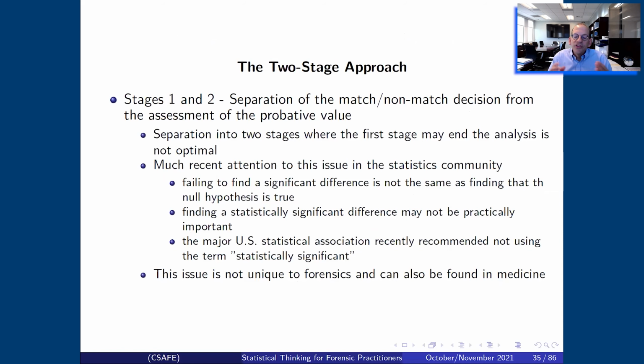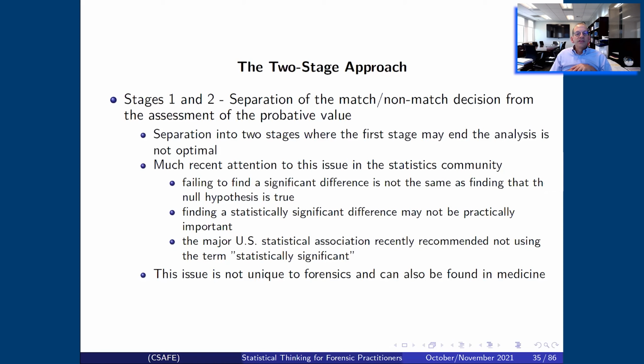And the third conceptual challenge is when we separate into two stages, we may stop at the end of stage 1 when in fact we would have been better off going on. And this is an issue that's also been coming up in medicine and other disciplines. When you rely on statistical tests, as we do in stage 1 here, you can make two different kinds of errors.